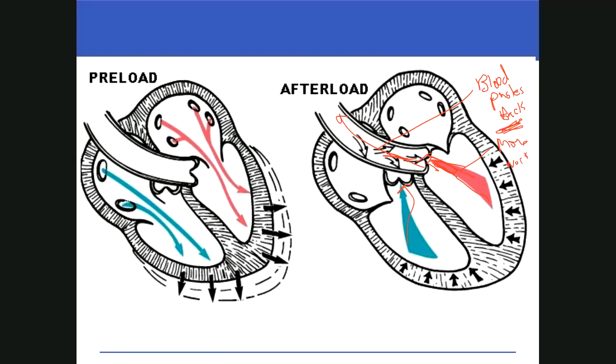And so that means that the valve is going to be open less time. And if it's open less time, that means that less blood is going to get pushed out. Less blood is going to be ejected. And so what's going to happen is ESV, the amount of blood in the heart at the end of the beat, is going to go up.